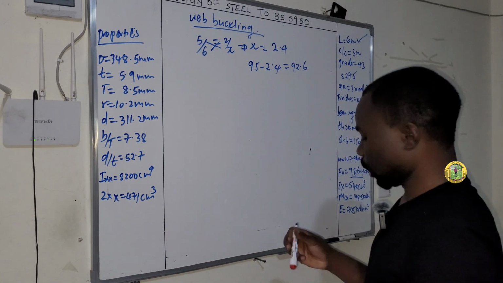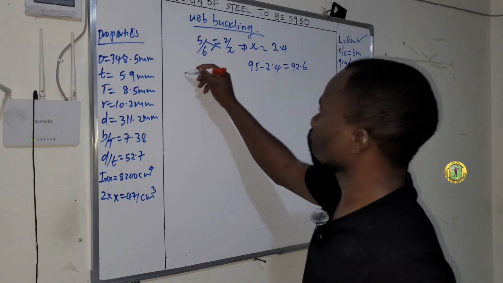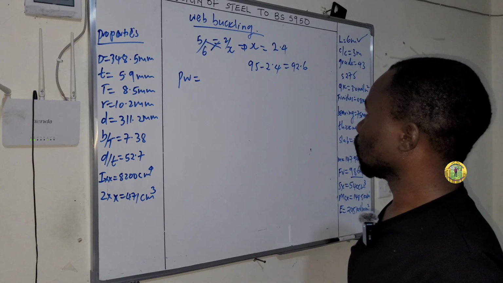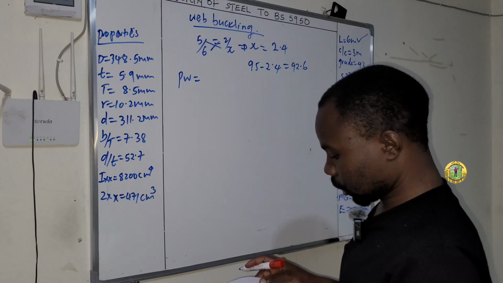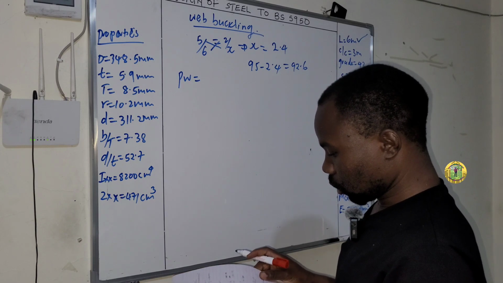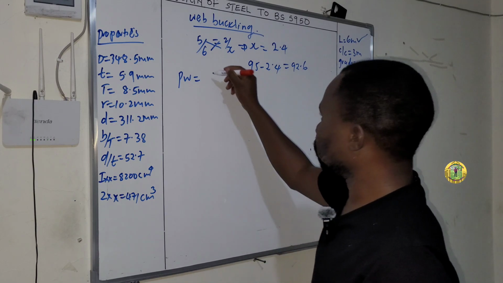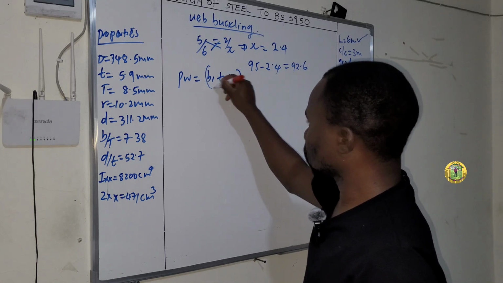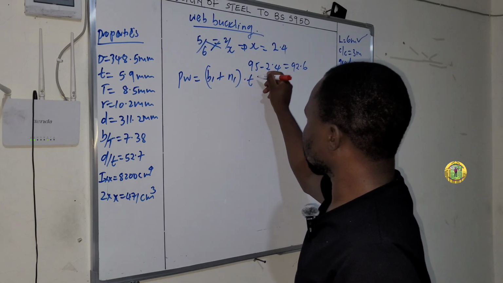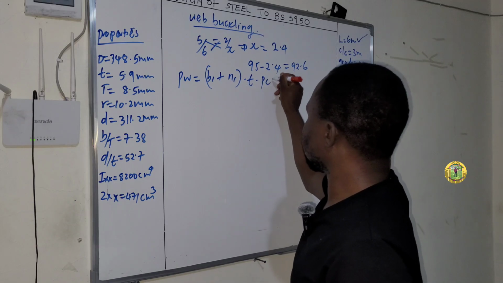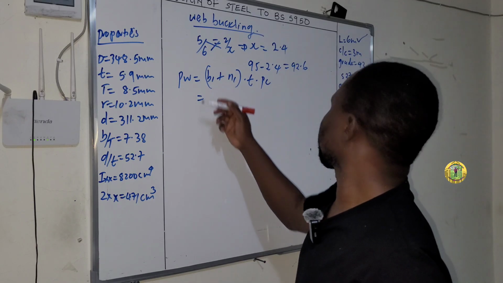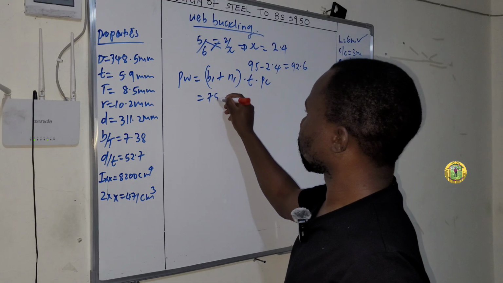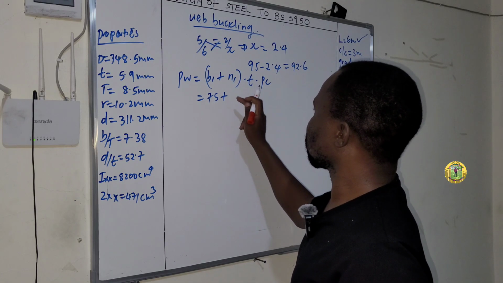So our formula is PW, which is the buckling web resistance, equal to (B1 plus N1) times t times PC. We said B1 is the bearing, which is 75, plus N1.